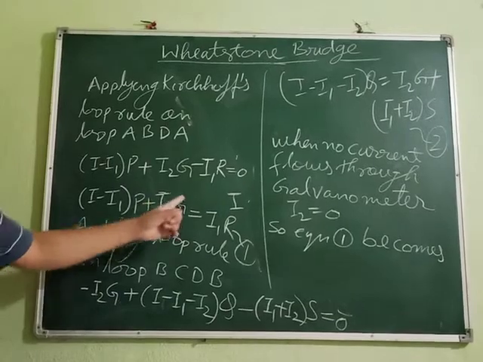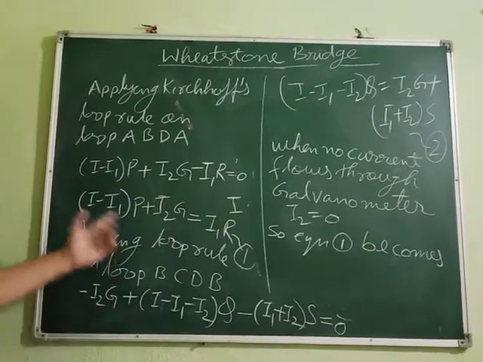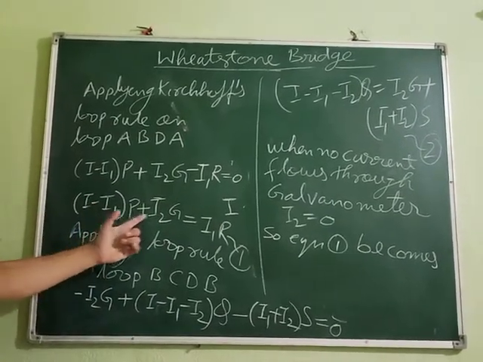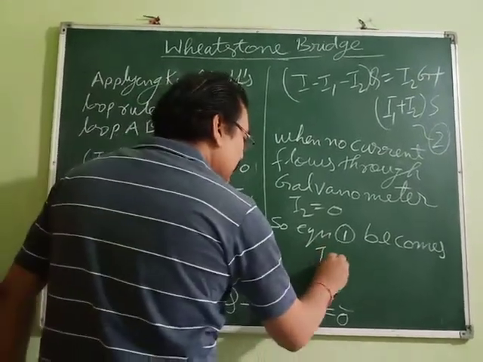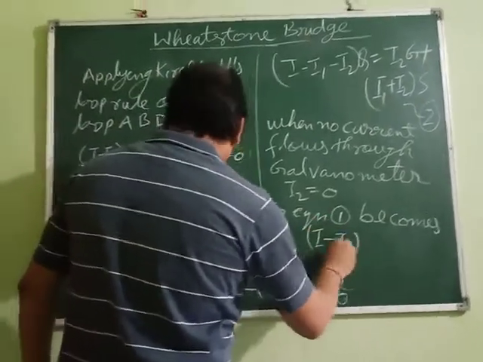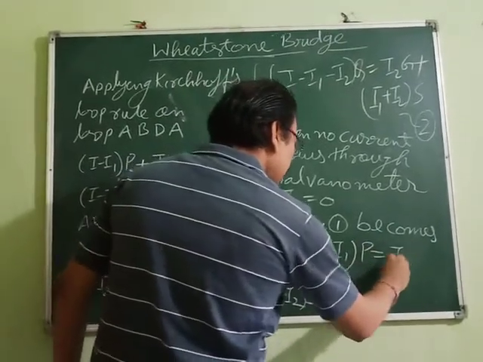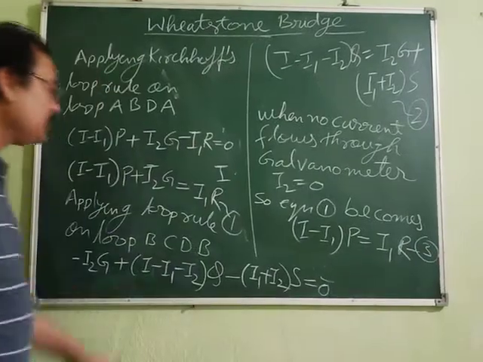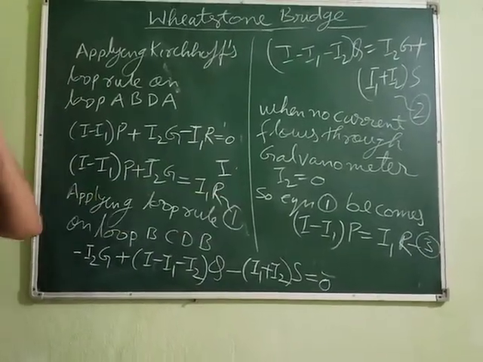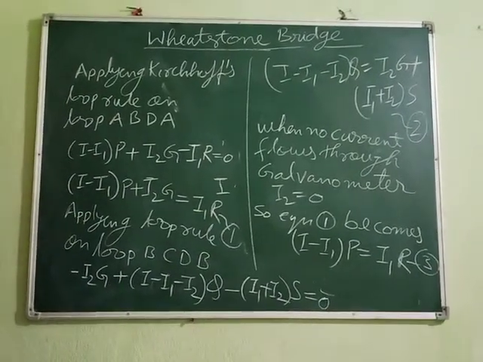This part will disappear because 0 into G is 0. So we are having I minus I1 into P equal to I1 into R. This is our equation number 3. That's what you will get, placing 0 in the place of I2.